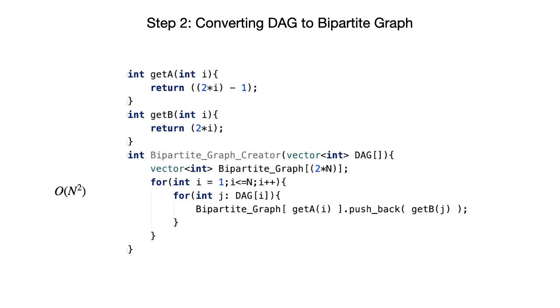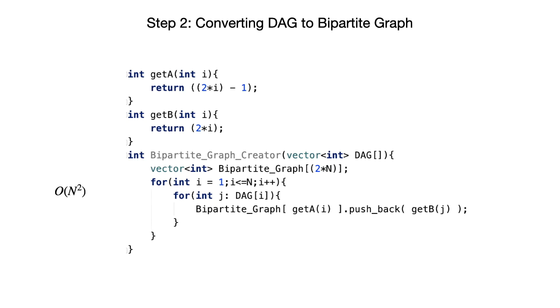Alright, now let's look at a function bipartite graph creator. So this function takes as a parameter the adjacency list of the directed acyclic graph, and inside the function it creates the bipartite graph adjacency list. The process for creating the bipartite graph is as follows.